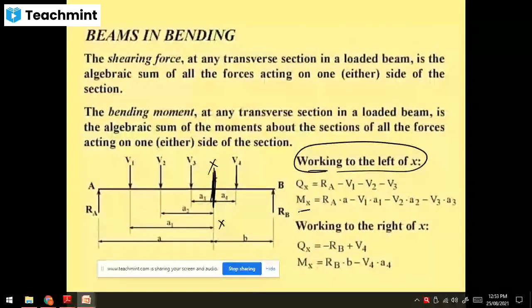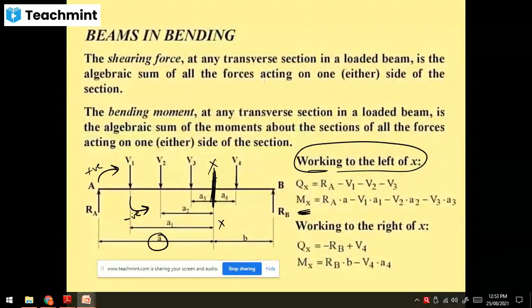So bending moment about X: moment about X is equal to RA into A, force into perpendicular distance. RA into A minus V1 into A1 minus, that is anti-clockwise moment, minus, and this is a clockwise. So it is positive, it is negative.